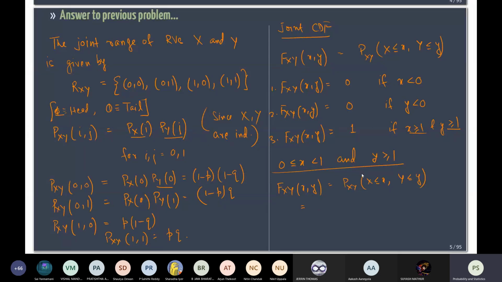We have to do the cumulative, so we are looking for possible values and summing them up. The only possible value of X will be the 0 case.